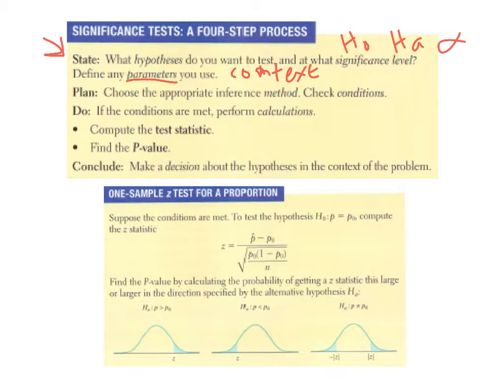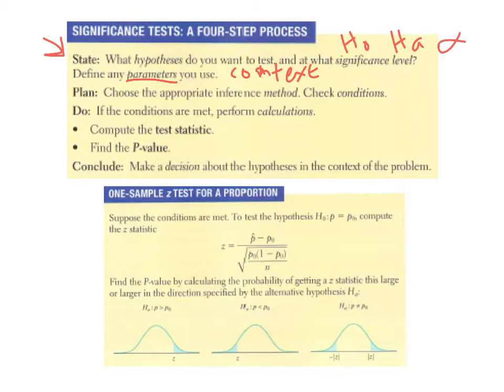Okay, so your next step, again, like before, is to plan. You choose your appropriate inference method, just like whether you used the z-test before, or the t-test before. When you were calculating your interval, it was a one sample z interval or a one sample t interval.